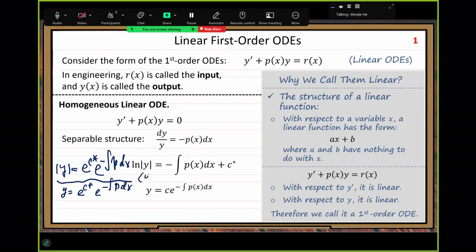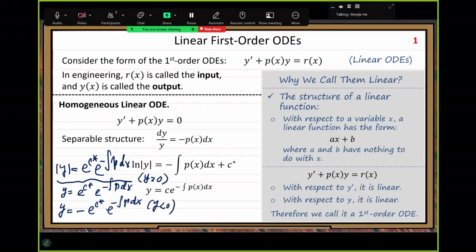This is under the condition y positive. But when y is negative, what should we do? When y is negative, we should put the negative sign.